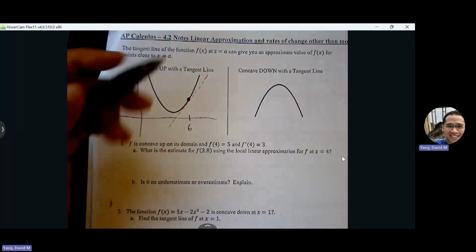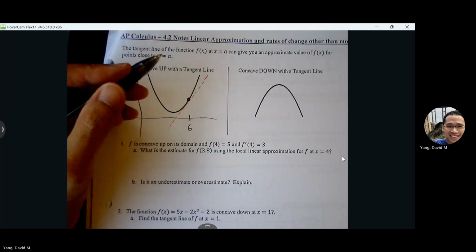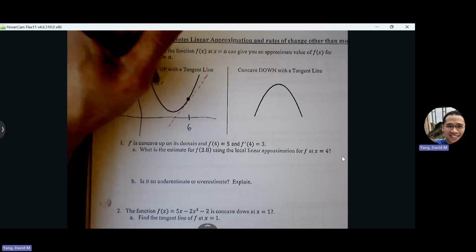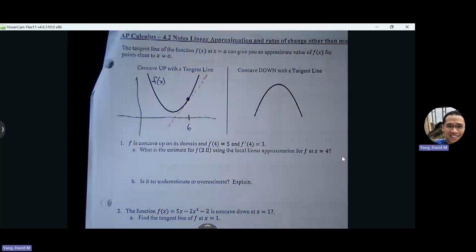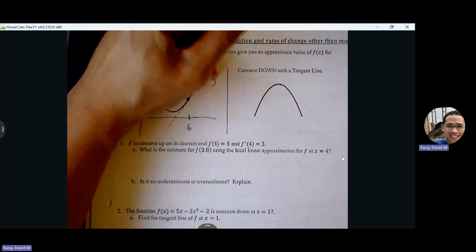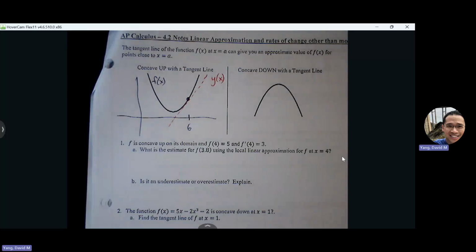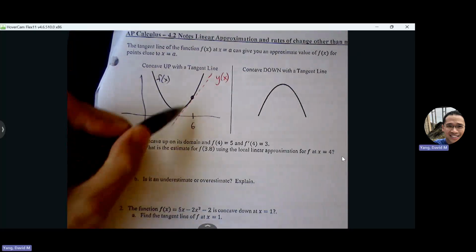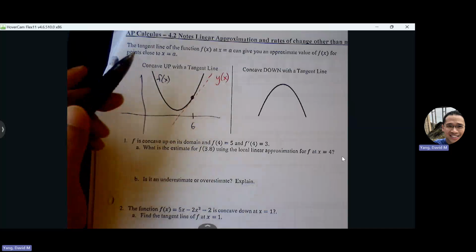Now, let's say the graph is called f of x, and let's say the tangent line is called y of x. Okay. And let's say we wanted to use the tangent line to approximate a value on this curve.